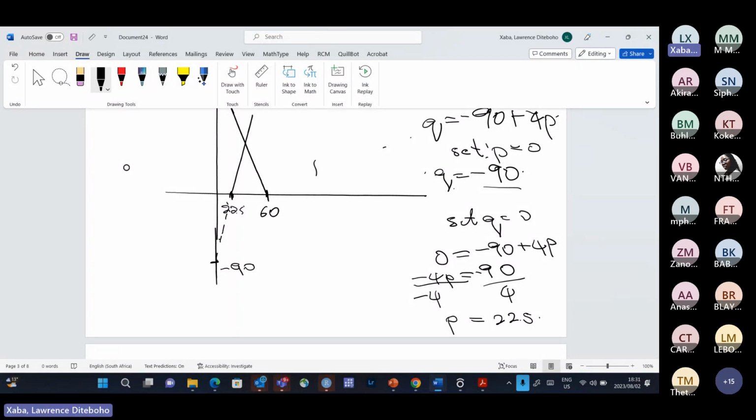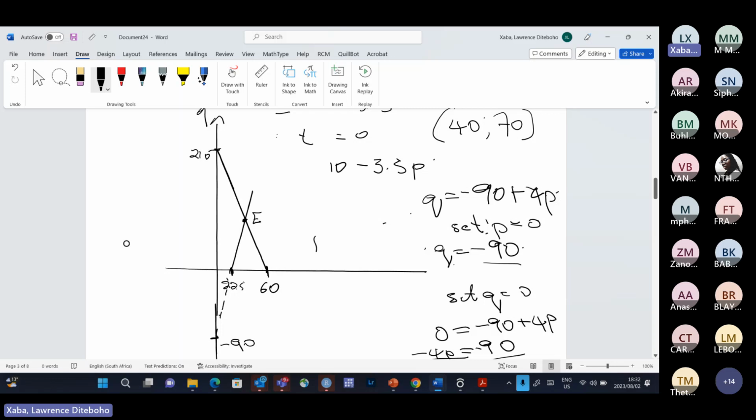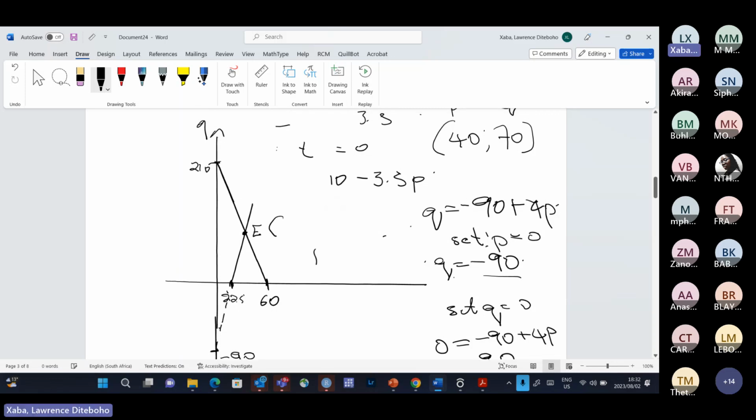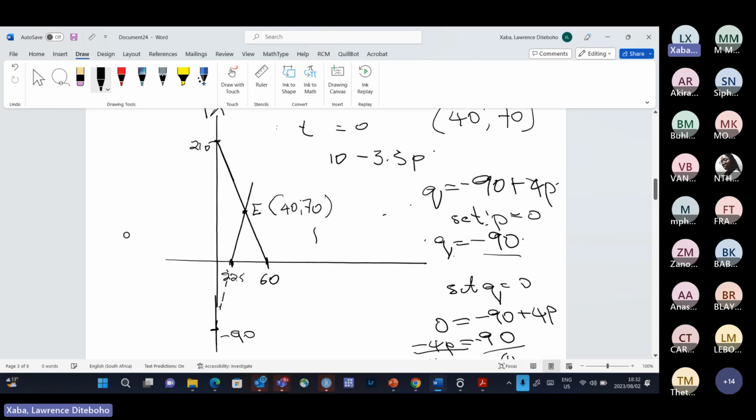In this first quadrant, where these two equations represented by these two lines intersect, that point of intersection is what we call the equilibrium. That equilibrium point is made up of the price of 40 and the quantity of 70. That's our market equilibrium. Questions?